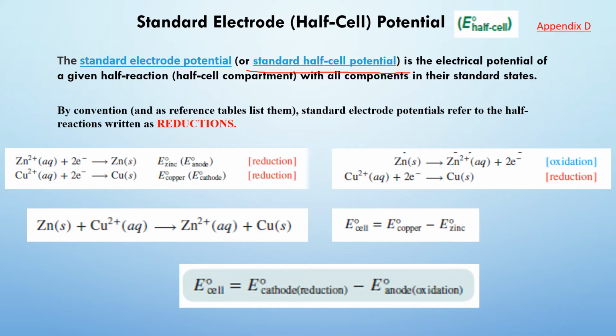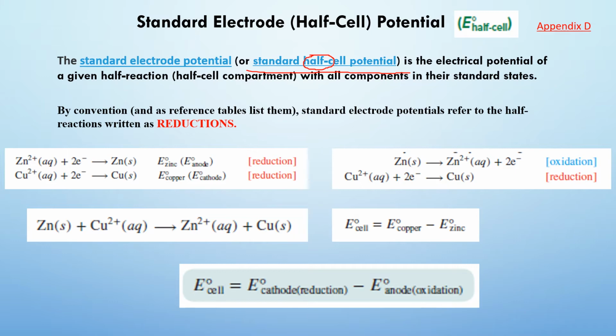The combination of the two standard half cell potentials is the total standard cell potential. The difference is just whether it's the half or not. So at the anode and the cathode, each electrode has its own standard half cell potential, the standard electrode potential.